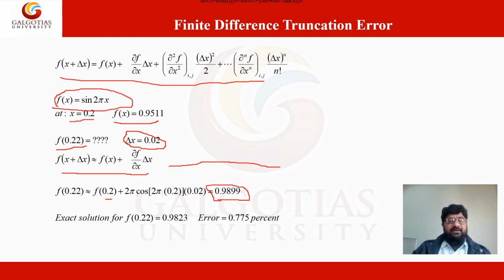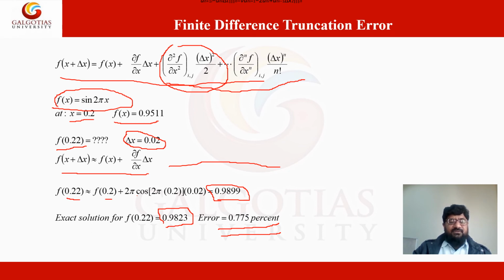While we can directly calculate the value of the function at this point by putting in the value x equal to 0.22, the actual solution will be 0.9823, which gives an error of 0.775%. And if we use more terms in the Taylor series, like we include these terms also in calculating f(x plus del x), then the error will go down.